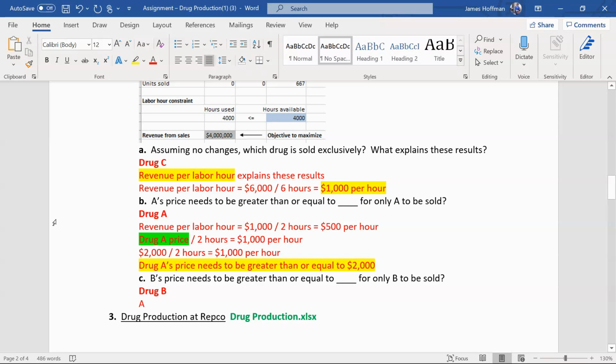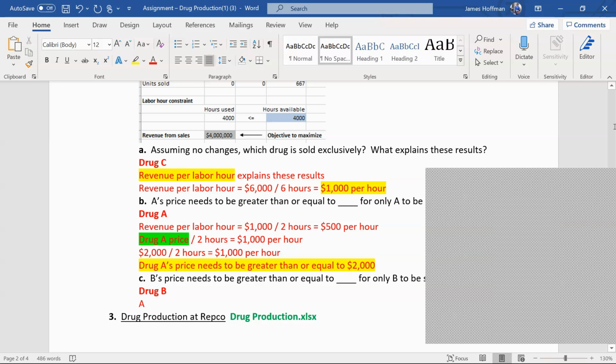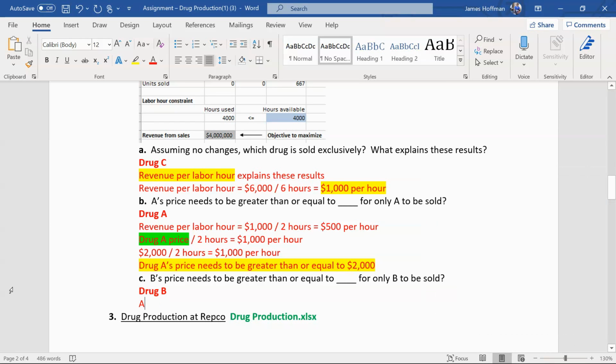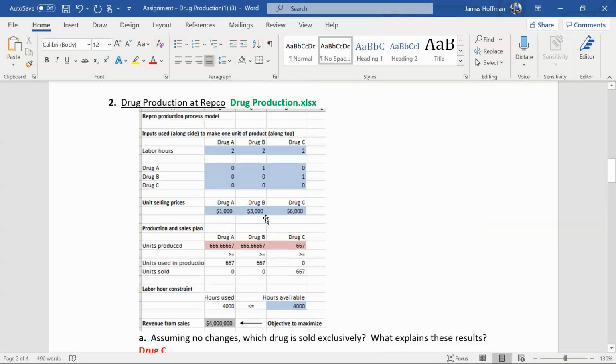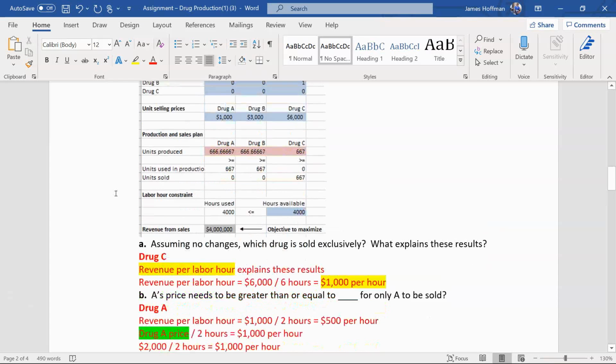Okay, B's price needs to be greater than or equal to what for only B to be sold. So first let's start with the original status quo revenue per labor hour for drug B. Drug B is being sold for 3,000.